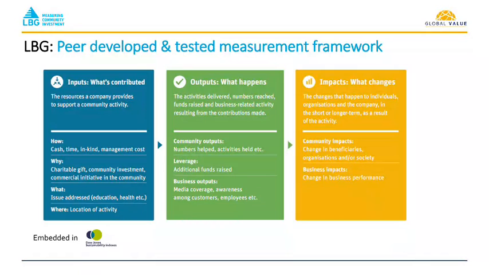But it doesn't just look at the type of impact that's being achieved, it also looks at the depth of impact, because we understand that every community activity is different. Some activities are designed to have a broad reach, but a limited impact on the beneficiary, and others are much more long-term and have much more transformational impact.